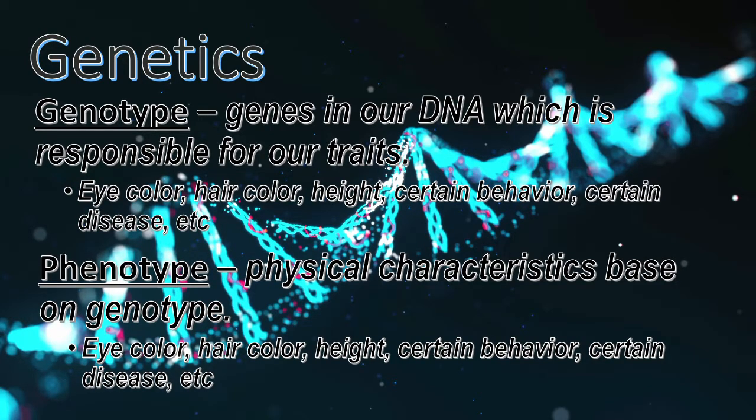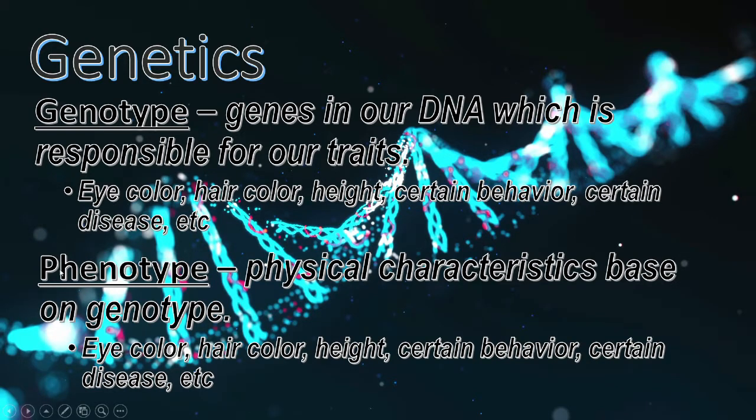So meaning, let's say your mother and father have different eye colors. Your mother has brown eyes and your father has blue eyes, and you have brown eyes. So it's actually the outcome of your parents that gives you a specific eye color. It's either brown eyes or blue eyes.